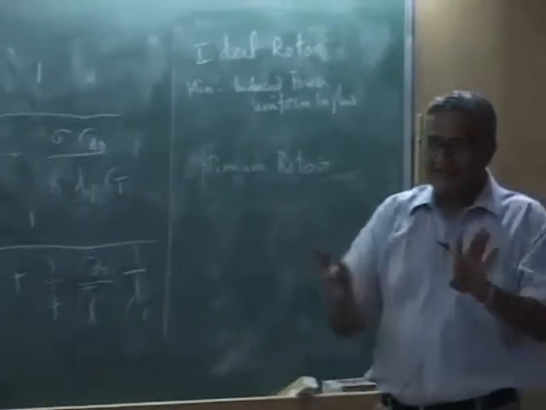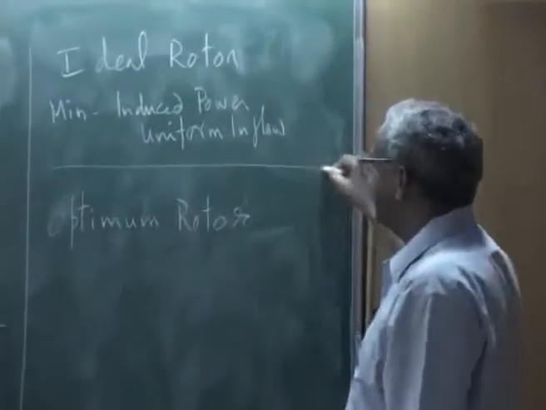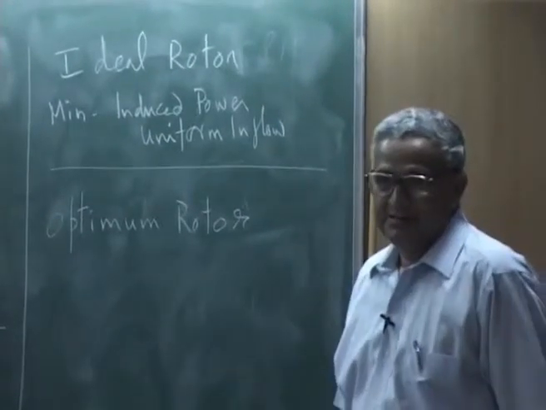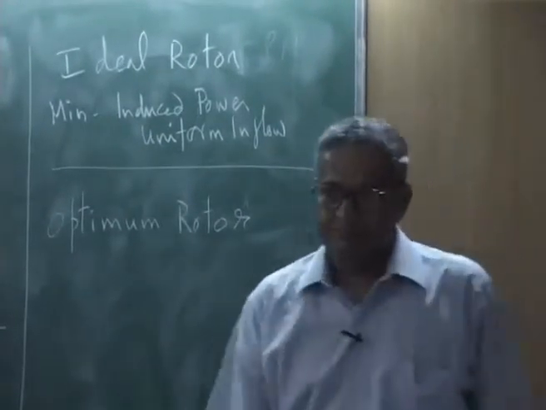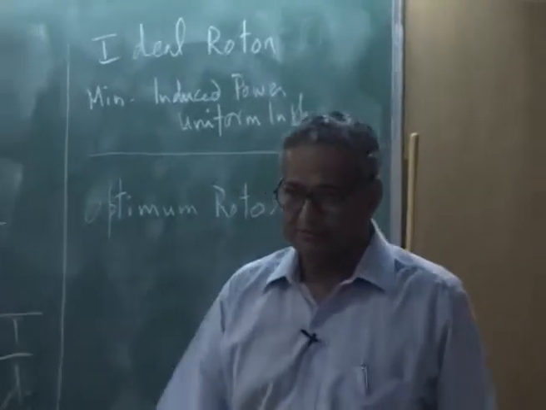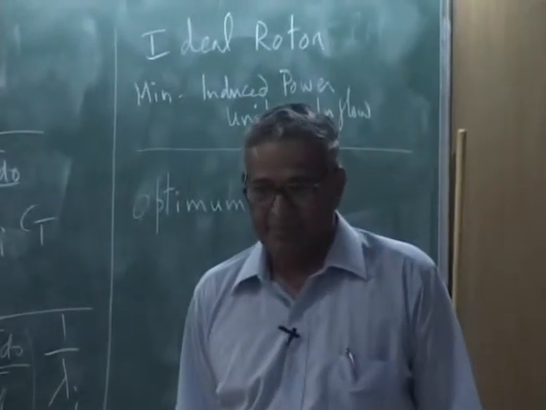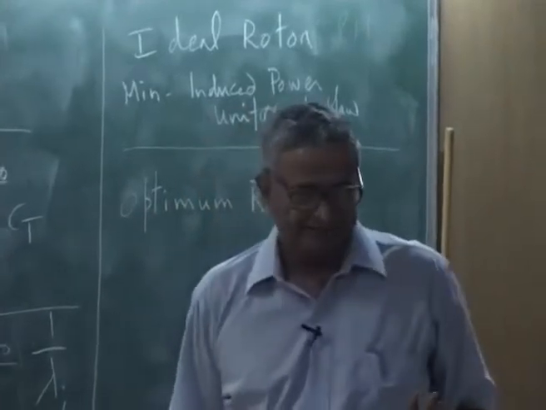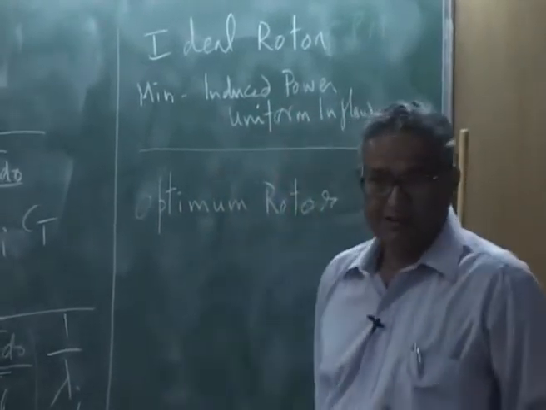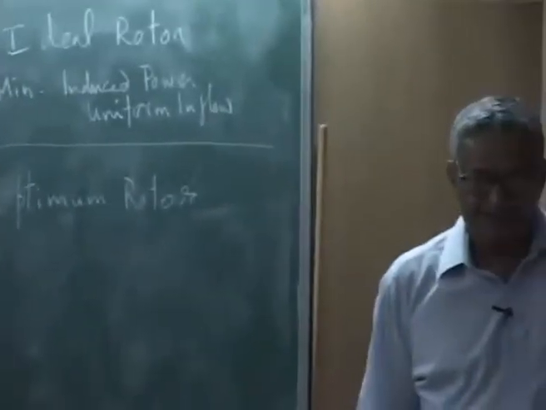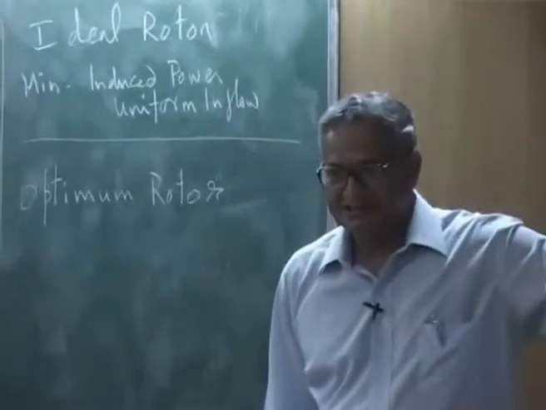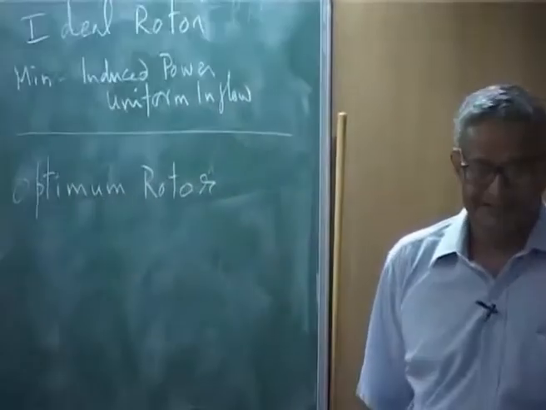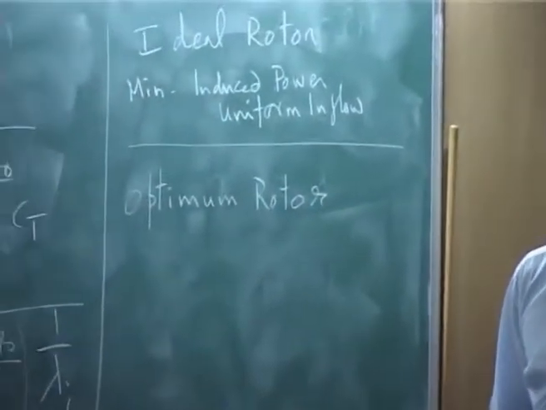Now, you see, this is the ideal case. So, if you want an ideal rotor, you should have uniform inflow. For uniform inflow, you have to have an ideal twist. But real helicopters are not ideal, because you have profile drag also.